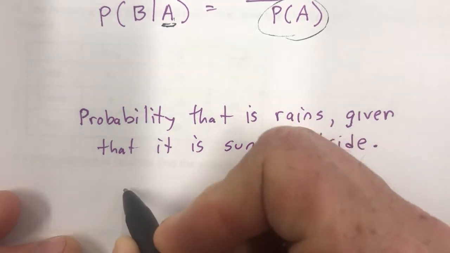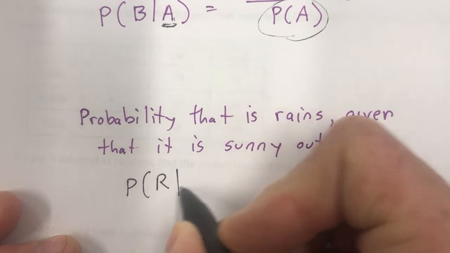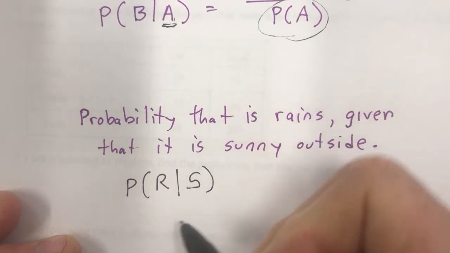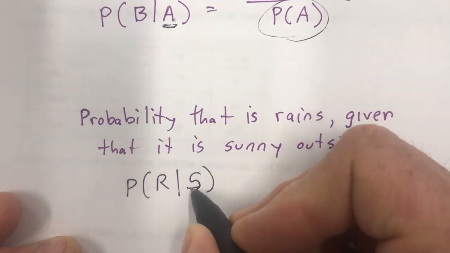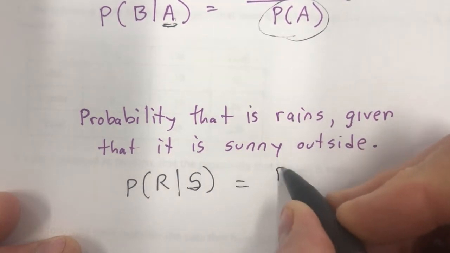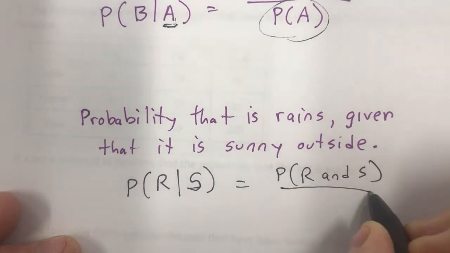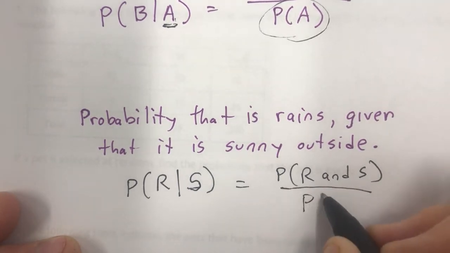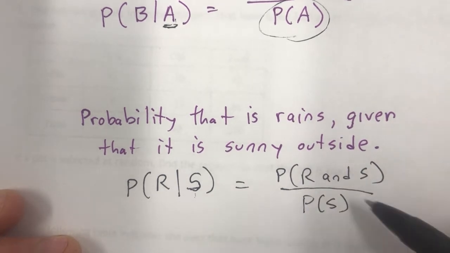If I write this out, using R and S for rains and sunny, this is going to be the probability that it rains and it's sunny outside divided by the probability that it's sunny outside. See, this second one here is always on the bottom.